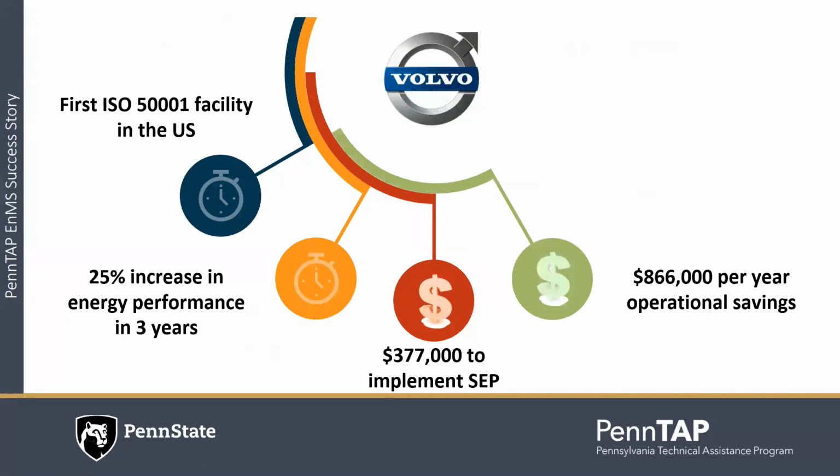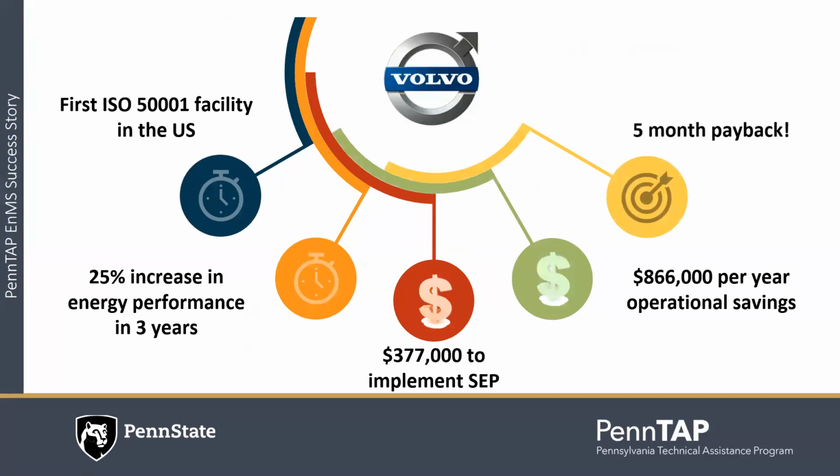So they did a big investment to get their energy management system implemented, but they saved significantly more per year actually having it in place. So it was merely a 5-month payback. That's an incredibly quick turnaround to make your money back.